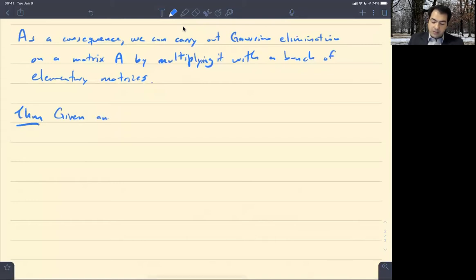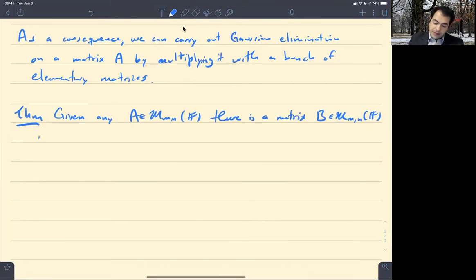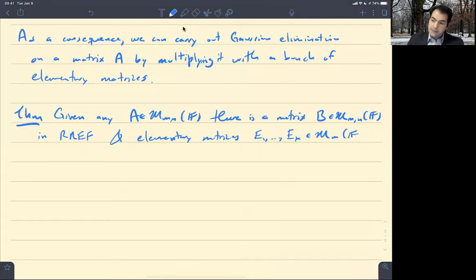One way of saying this is that given any matrix A of size m by n, with coefficients in the field, there is a matrix B, also of size m by n, in reduced row echelon form, and elementary matrices E_1 through E_k, which are square matrices of size m by m, such that B is equal to E_k, actually let me put them in the opposite order, E_k times E_{k-1} ... E_1 times A. So you start with the matrix A, and then you do the first row operation, then the second row operation, and so on.